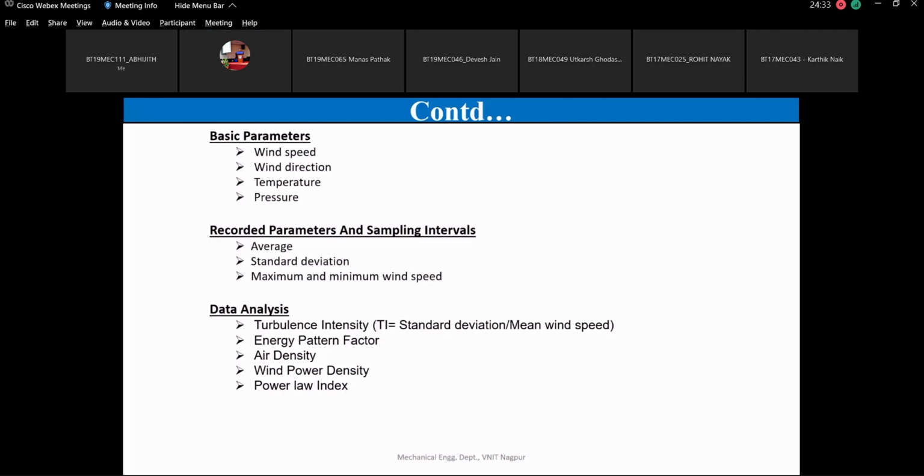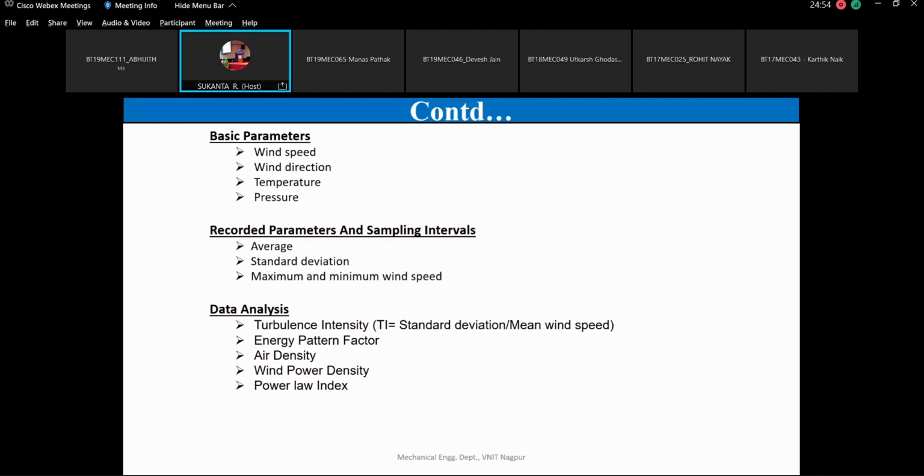Okay, and for the pressure, it will be some close height to the wind turbine hub. And for the solar radiation and humidity, it will be 3 meters from the ground level. So those are some standards.